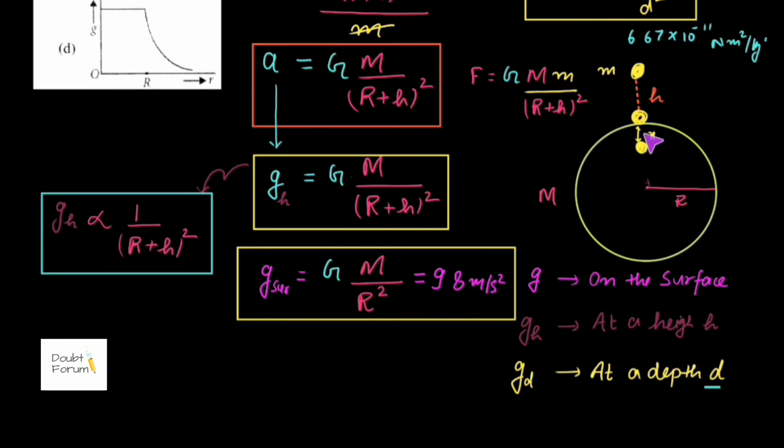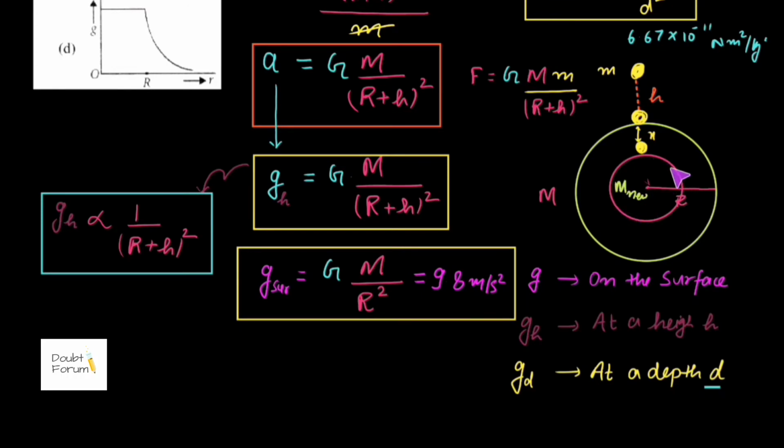When this object is at a depth x, we need to draw a fresh sphere. Suppose this is a sphere, and now we need to find out the mass of this new sphere. Let's assume that the mass of this smaller sphere, which is inside the Earth, is m'.